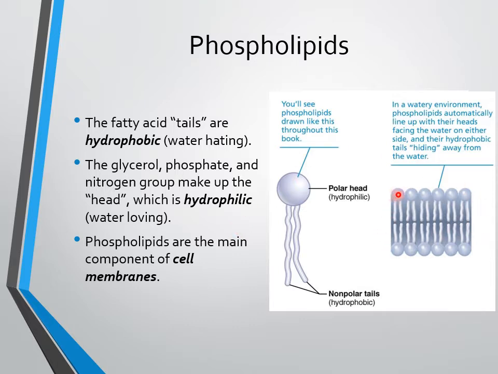So you have your polar heads up here at the top and at the bottom. This would be like the outside of the cell. Here would be the inside of the cell. And here is your cell membrane. And you have your non-polar tails in the center of the cell membrane, kind of facing opposite of each other.